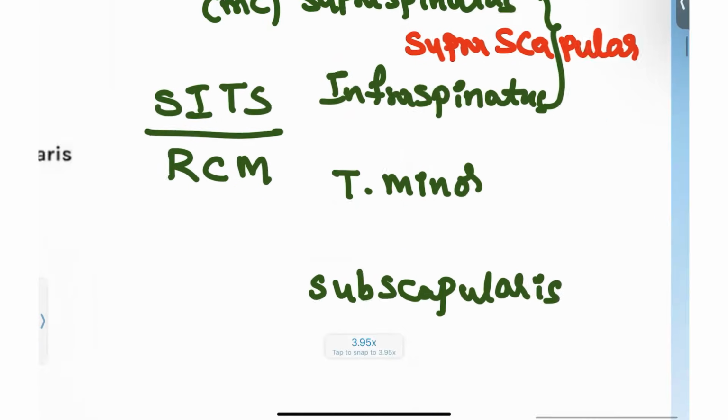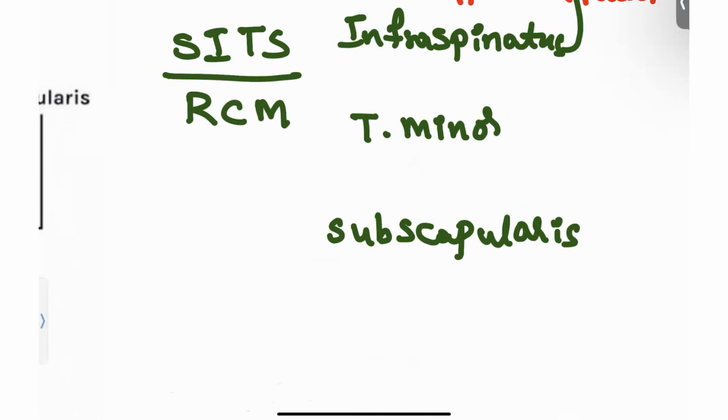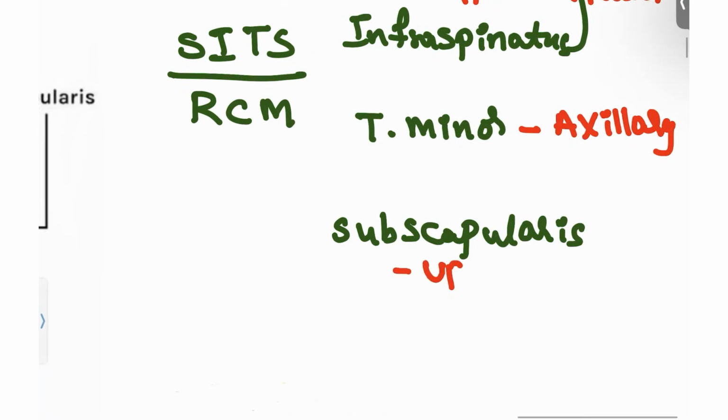Next, coming to the teres minor. Teres minor is supplied by the axillary nerve. This is an important question that is asked at times. Next, subscapularis is supplied by the upper subscapular nerve.